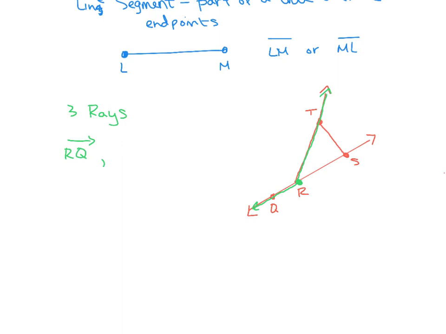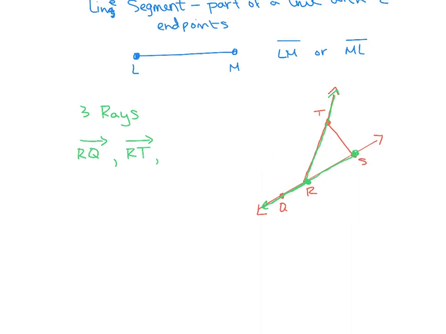But since we're starting at R, that's RT. And another one, we can pick a random letter again and say, okay, we're starting at S and we're going to go to the left. So we have SQ.